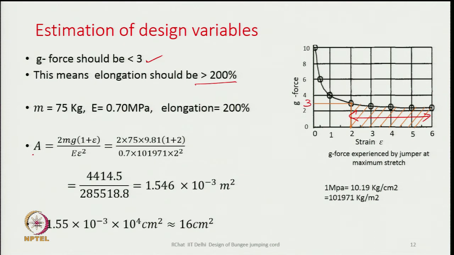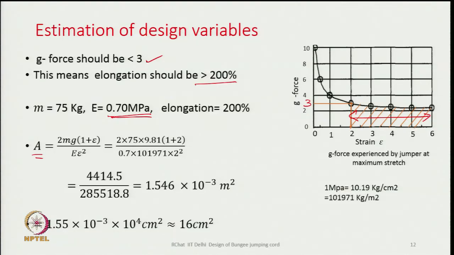And in that equation A, if we put these values, m 75 kilo, modulus we need to find out depending upon which rubber we are choosing. So, in this given example, the stress strain diagram that we have seen earlier, the modulus in the initial region, in the first strain level up to I think 3, it is almost linear.